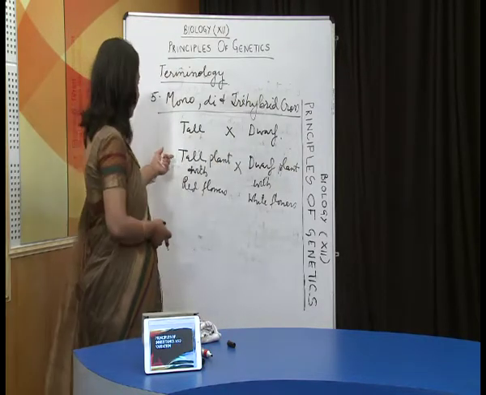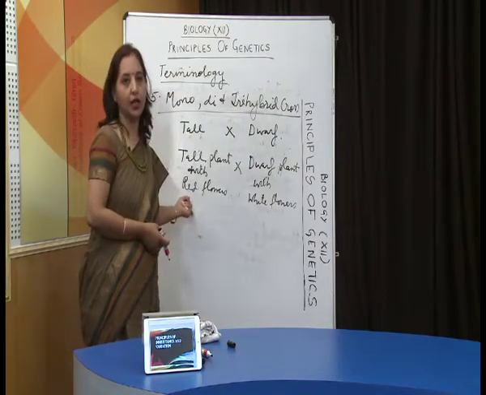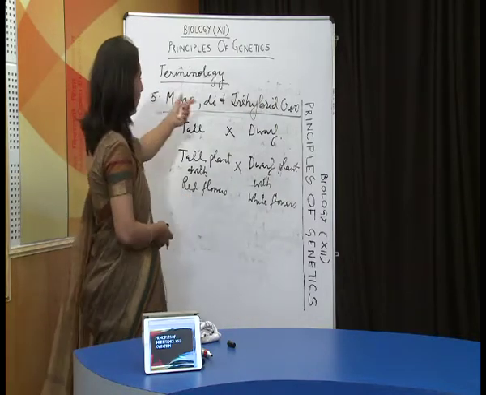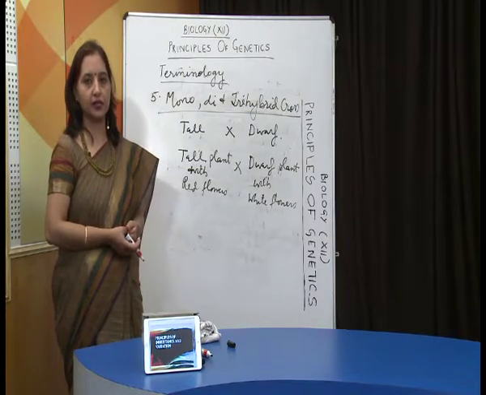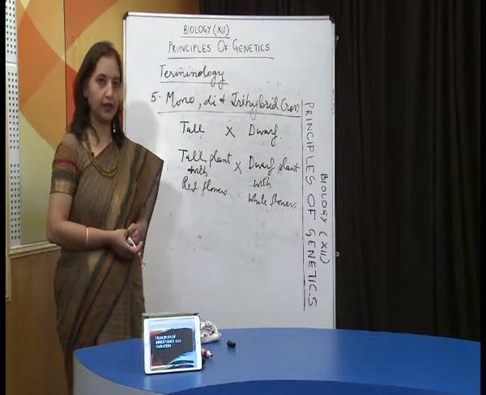One is the height of the plant and the other one is the color of the flower. Similarly, for trihybrid cross, we can have three characters which are considered or taken into account at the same time.